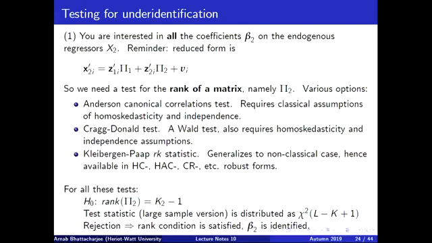That is the reason why it is called an under-identification test. There are other tests of identification. We'll reject H0 only when the rank is bigger than K2 minus 1. If we reject, that means the rank is larger than K2 minus 1. How much larger can it be? It can only be K2, and that is exactly what we want. So rejecting this is good news.